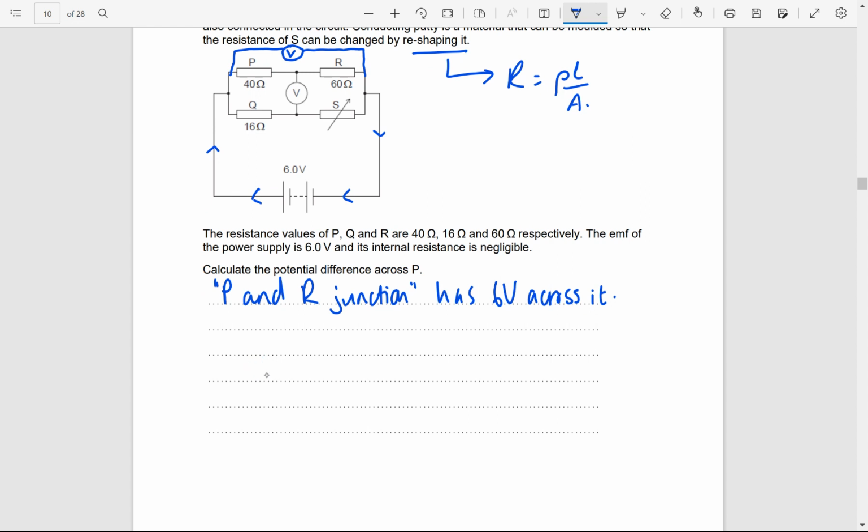Okay, so if you like, you could say VP over resistance P, the voltage over the resistance, equals the voltage total divided by the resistance total.